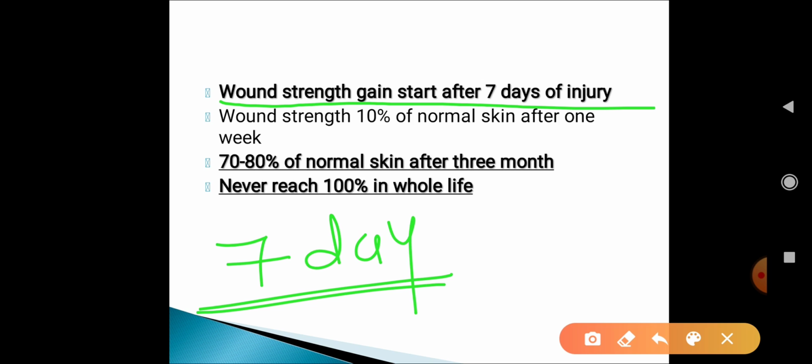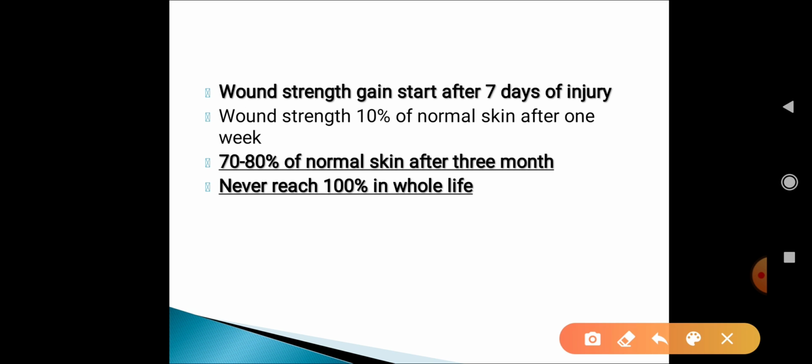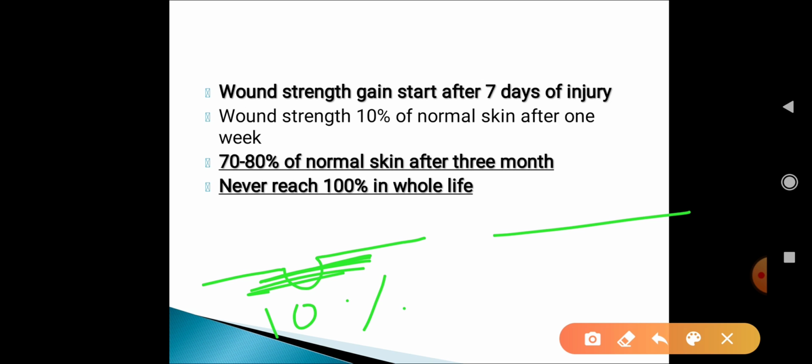Now this wound strength will be 10% of normal skin after 1 week. That is very important, guys. Understand this one. Suppose this is your wound, right? It will heal by fibrosis, and this is your normal skin. So the tensile strength will be only 10% after 1 week as compared to normal skin.